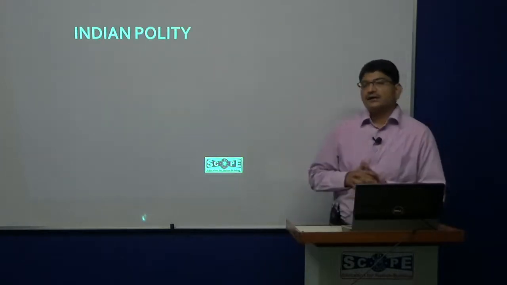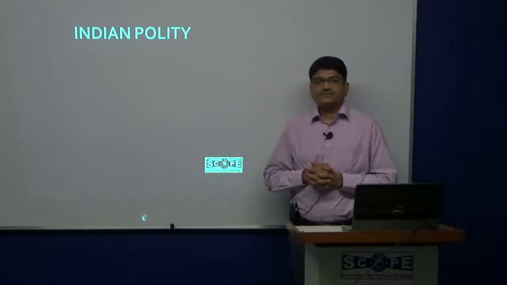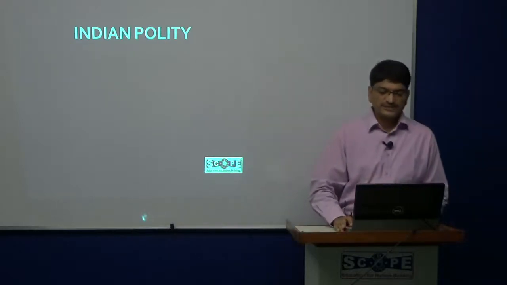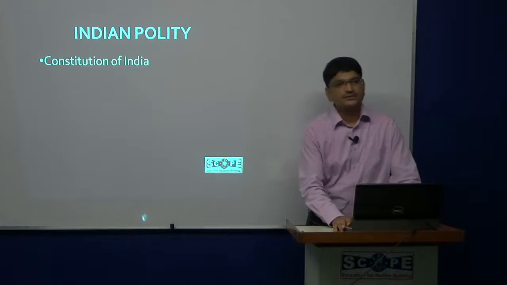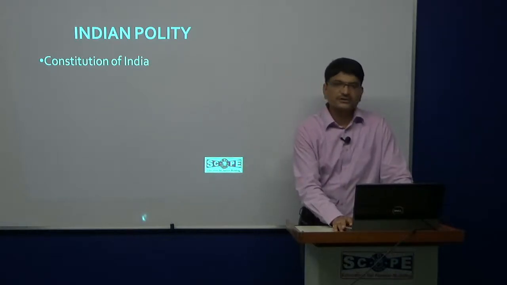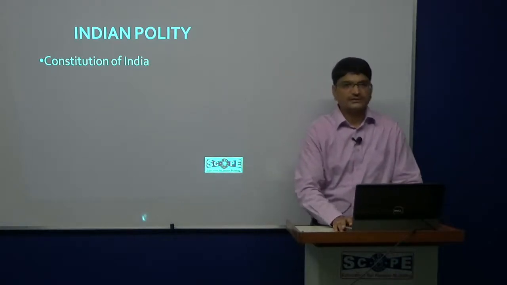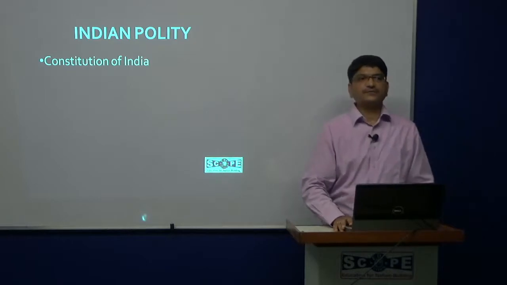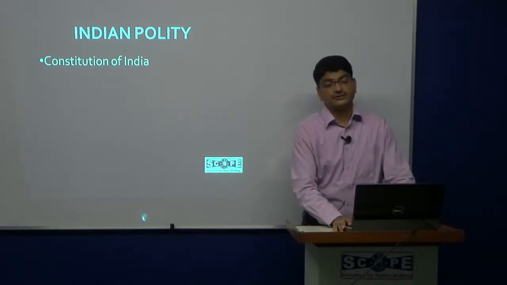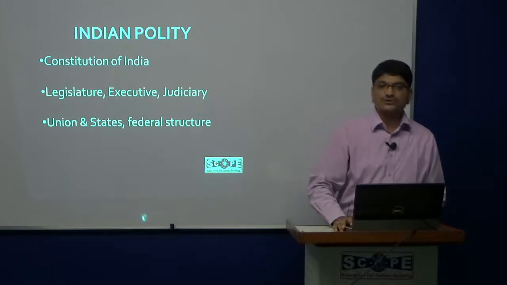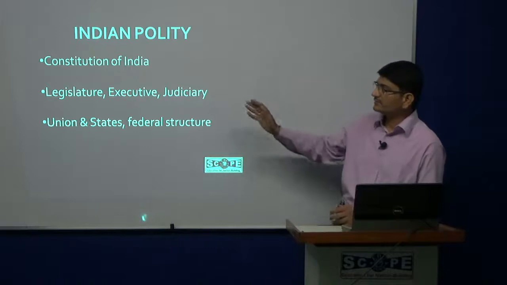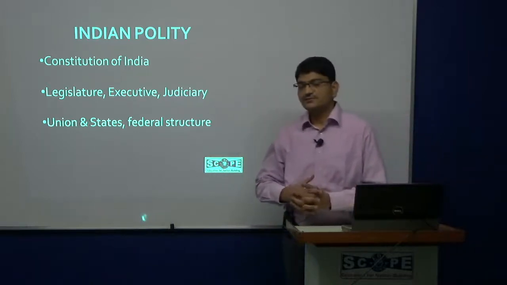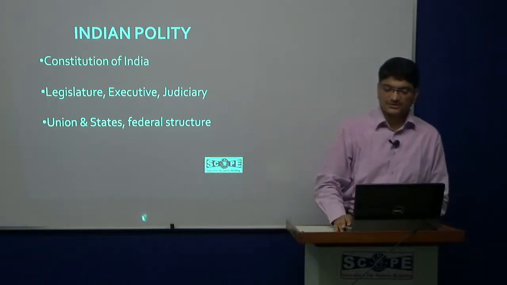Then the third important portion of the syllabus of GS is Indian polity, and the prominent source to study Indian polity is the Constitution of India. So the Constitution of India is to be read and understood. Every article, every provision of the Constitution must be clearly understood. In the Constitution of India, we have a parliamentary system and therefore three wings, three organs of state: legislature, executive and judiciary.